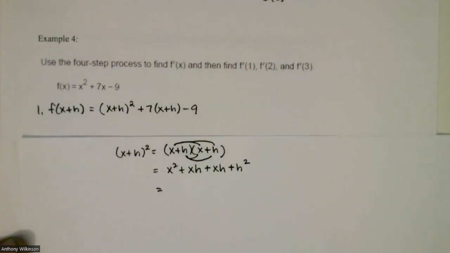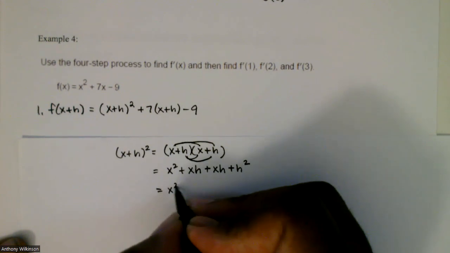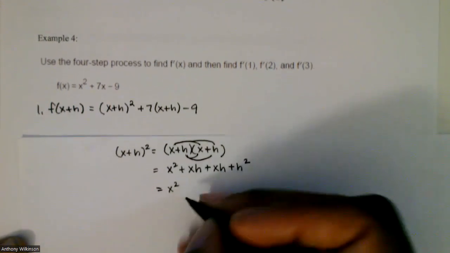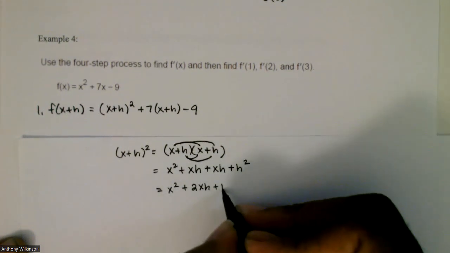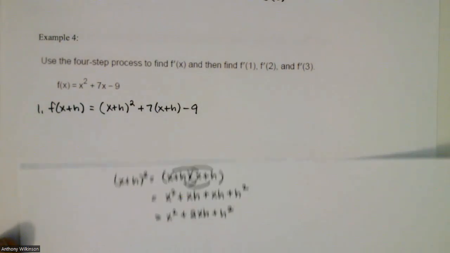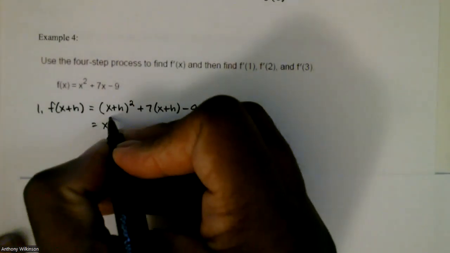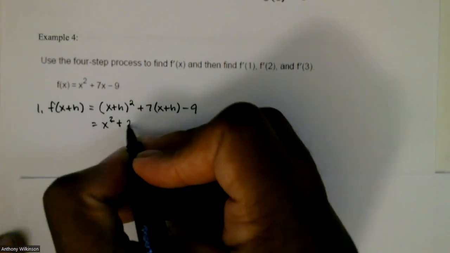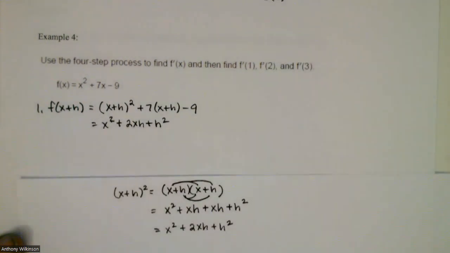Again, I'm using the FOIL method. So the x squared, bring that down. I got two xh's here, so I'm going to write that as plus 2xh plus h squared. So that's what x plus h quantity squared will be: x squared plus 2xh plus h squared.